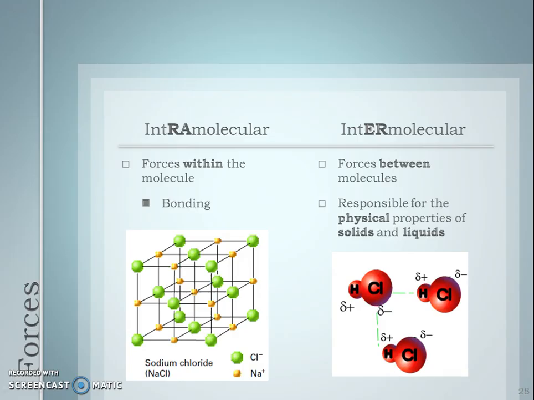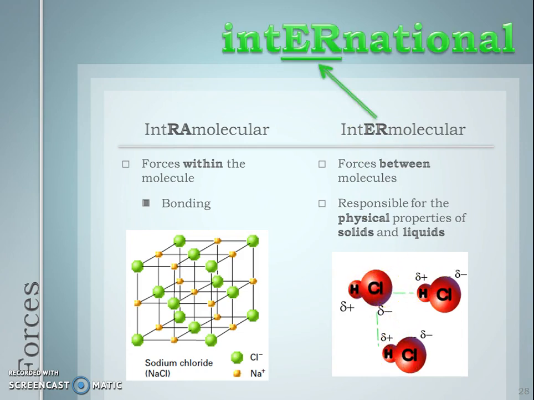So what is the main difference between intra and inter? Intra is basically the bonds between atoms within the molecule, and inter is really the force of attraction between those molecules. So I like to remember international, right?